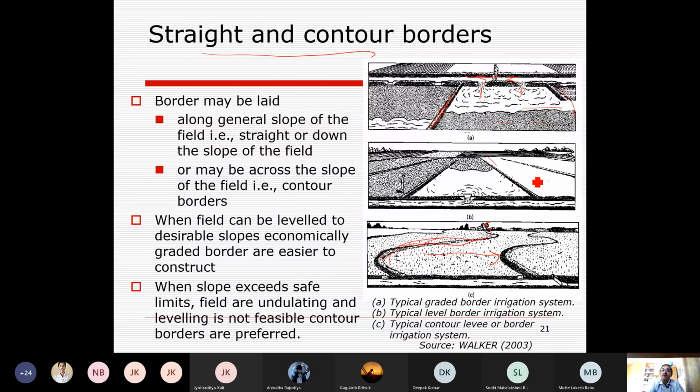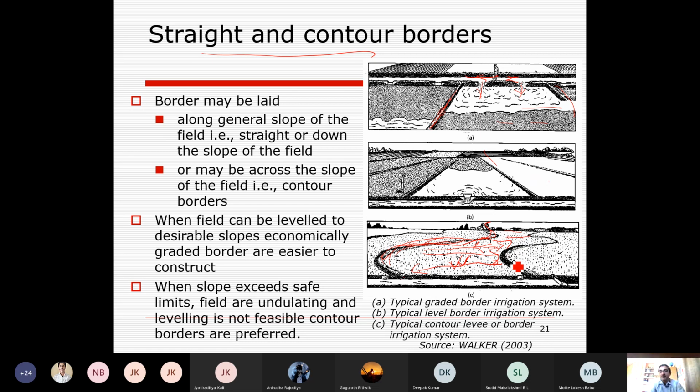Here we have transformed this whole land to equal level. But here leveling we cannot do because of economy and certain limitations. So we can have ridges which are not parallel but cover a certain area which is at the same level. That is usual in rice cultivation within the field.